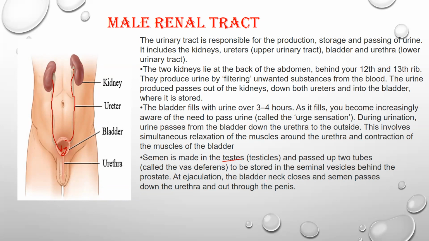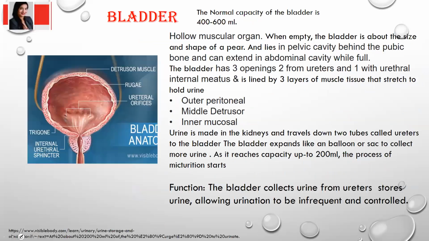At ejaculation, the bladder neck closes and the semen passes down the urethra and out of the penile structure.